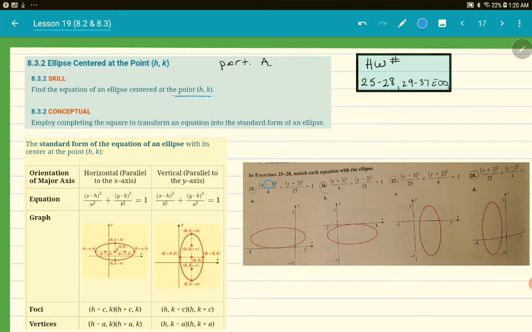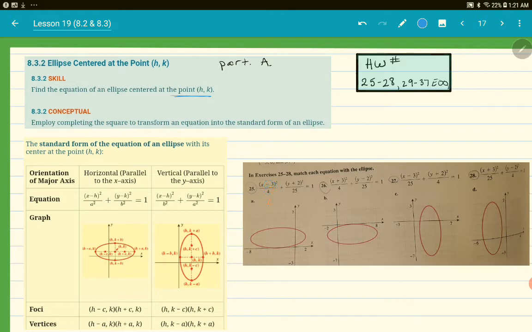So that center would be here. So maybe B is going to correspond to 25. I can see that the horizontal distance will be 2, so that's not the right one.